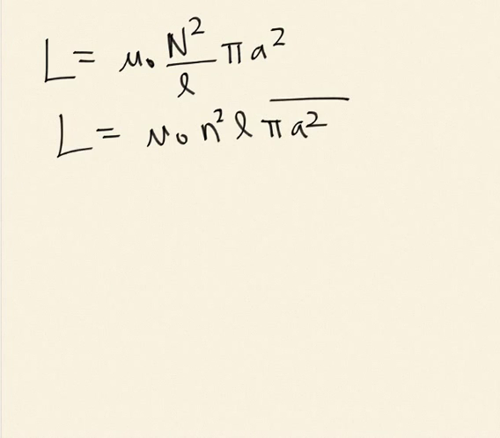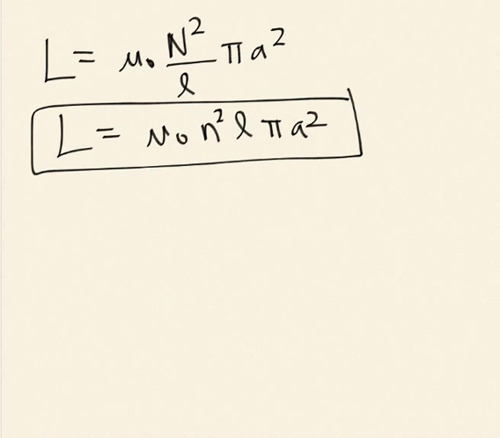So here's an example of a calculation of the inductance. In most coils, you're going to measure it. You make the coil, you measure the inductance, and then you plug it into a circuit. In this case, we can calculate it. You see, it depends only on geometry: the number of turns, the length, the radius.